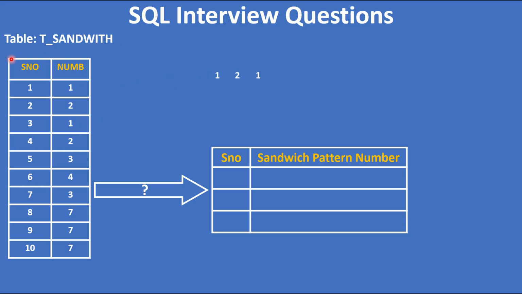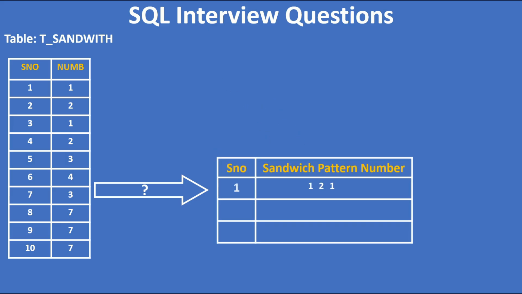See, this is the first case for serial number 1, values 1 2 1. These three rows, three values, convert into three columns. Assume this is the first digit, second digit, third digit. So is this a sandwich pattern number? Yes, because 1 is on both ends and 2 is in the middle.